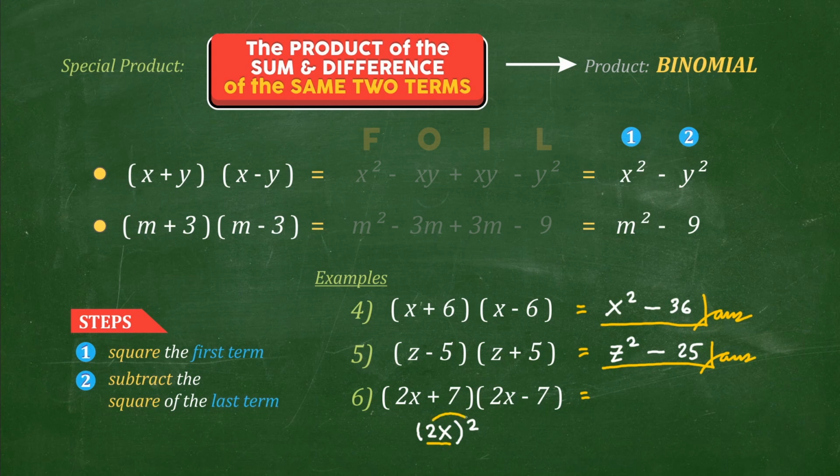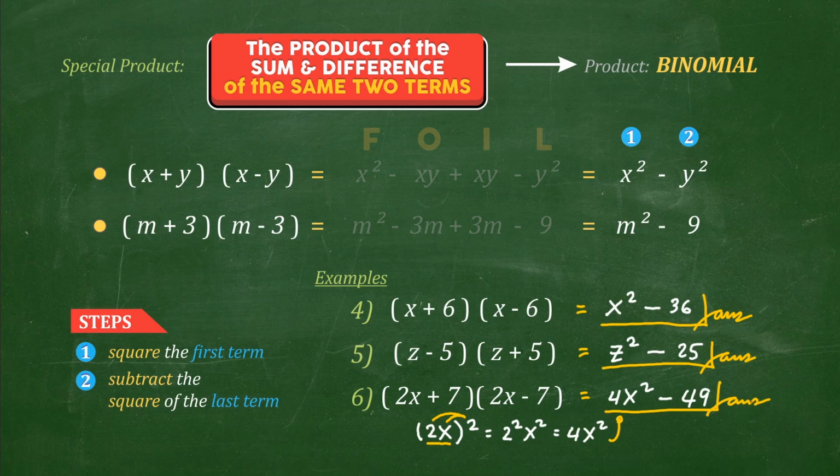We should distribute the exponent like so. So we write 2 squared, then x squared. And this is 4x squared, our first term. Second step, subtract the square of the last term. We write minus, then 7 squared is 49. This is the answer. Easy.